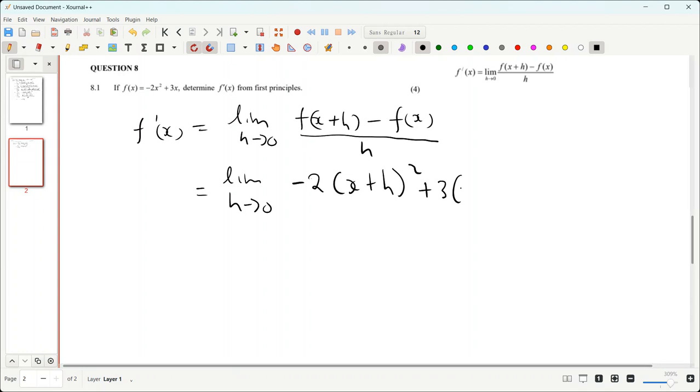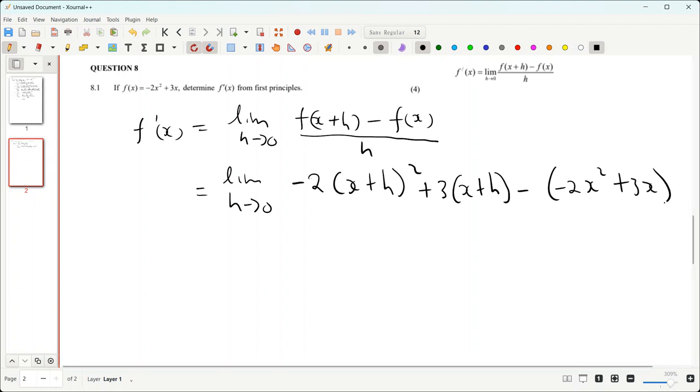In the place of x, we need to put x plus h. And then minus f of x, which is minus 2x squared plus 3x, and then we divide everything by h.